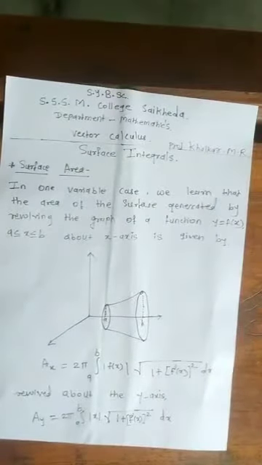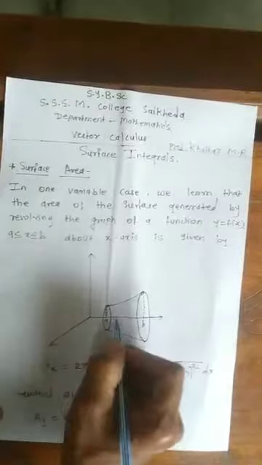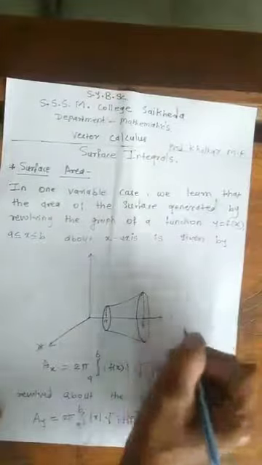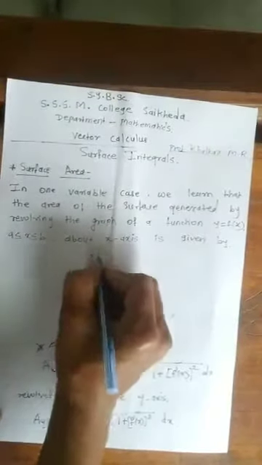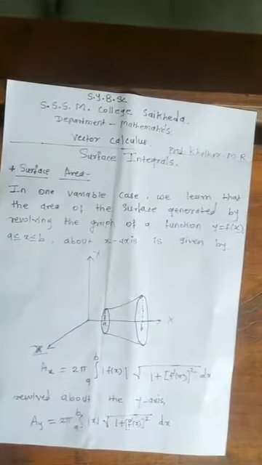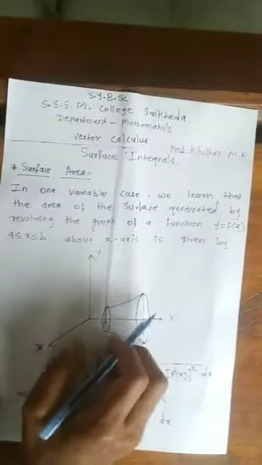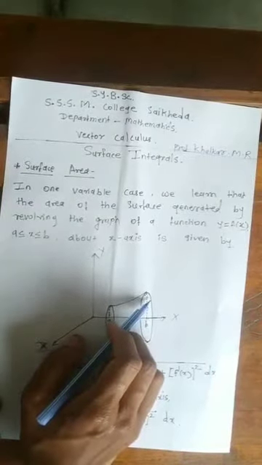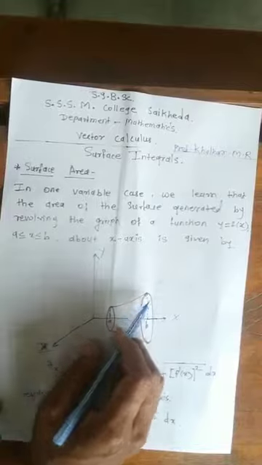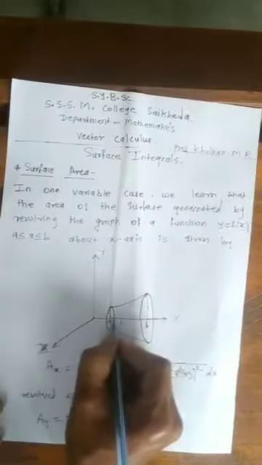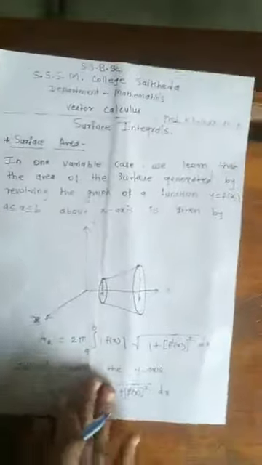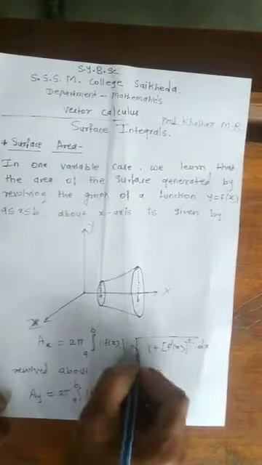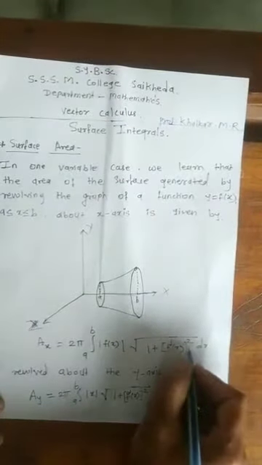See here, we have a figure revolving about the x-axis. This is the x-axis, this is the y-axis, this is the z-axis. The surface generated by revolving this graph about the x-axis has area Ax equal to 2 pi integral a to b mod of f of x square root of 1 plus f dash of x whole squared dx.